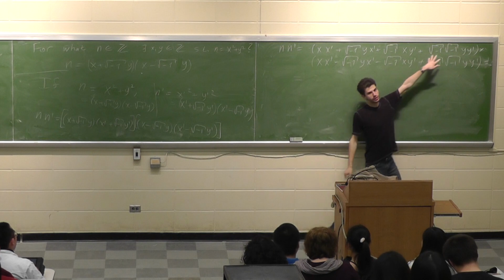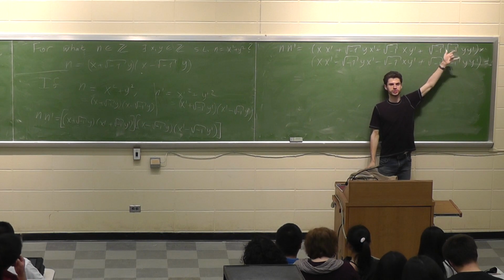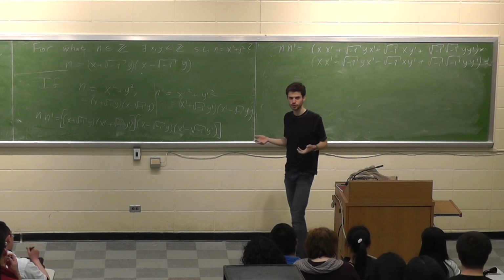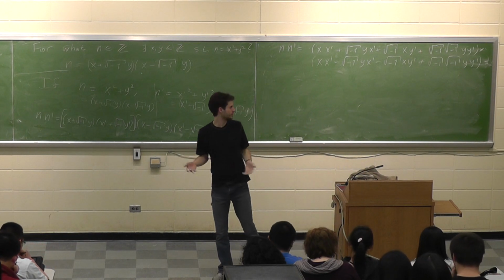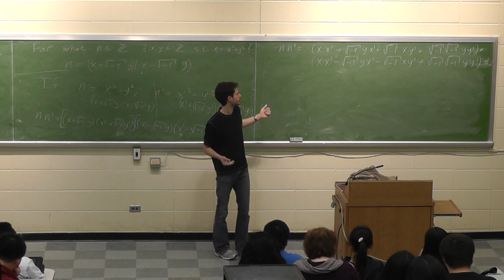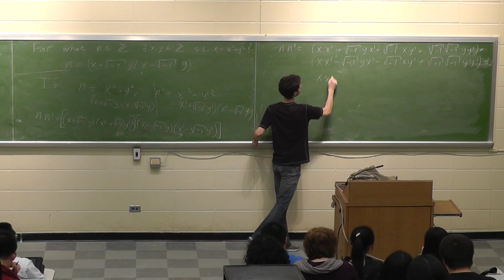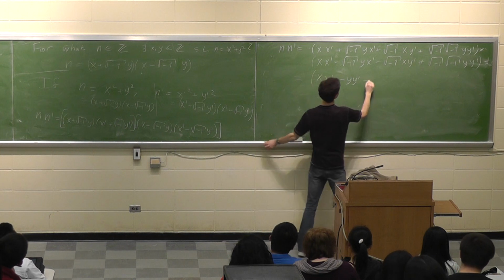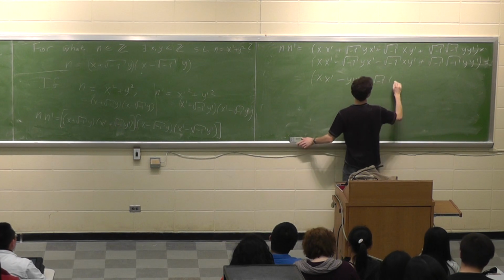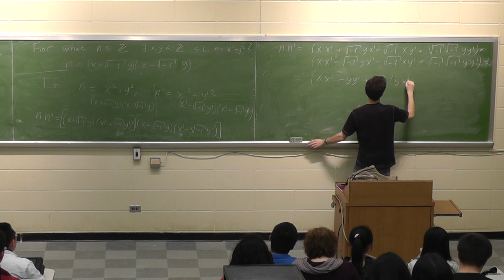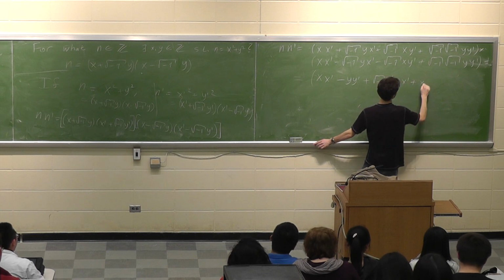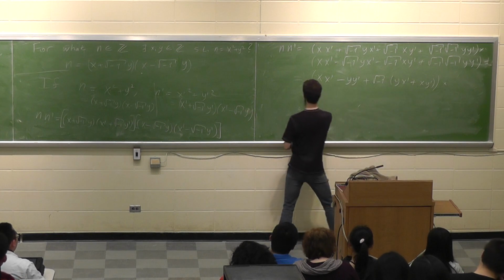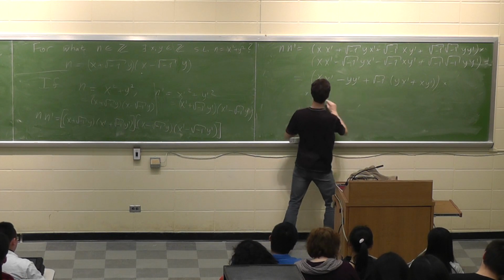So now here I see the product, square root of minus 1 times square root of minus 1. Well, the product of two square roots of the same thing is the thing under the square root. So we can write it like this: x x prime minus y y prime, plus square root of minus 1 times y x prime plus x y prime, times the same thing with minus sign.